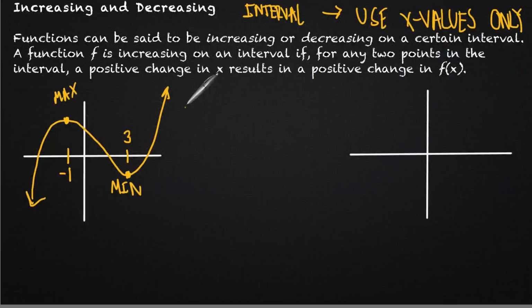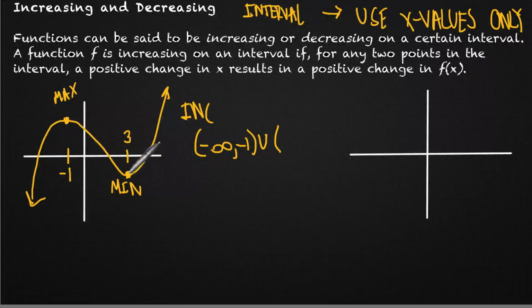So let's say we were describing when this function is increasing. You will say this function is increasing from when x is -infinity. In other words, when x is -infinity, this function is increasing until x is -1. Now you have to say, okay, when is it increasing again?